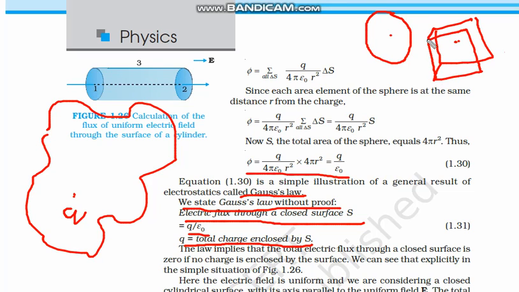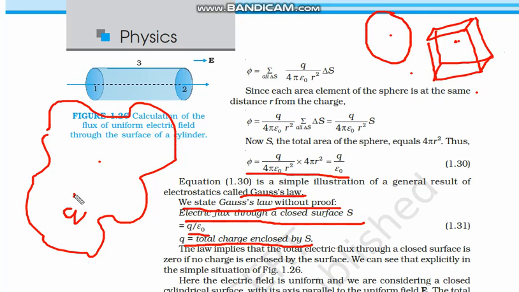So what does Gauss law say? It does not matter what the surface is, and it does not matter what the surface area is. Here it is a cube, here it is a sphere, here it is a random surface.